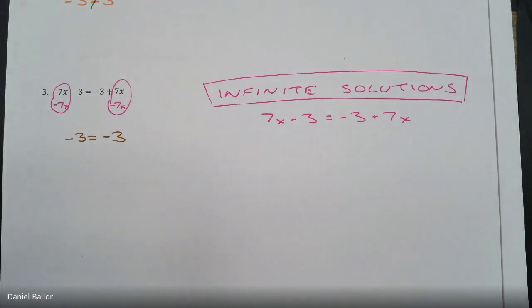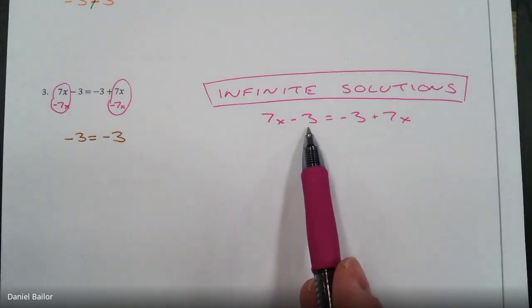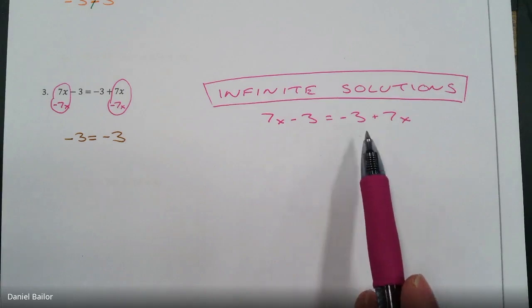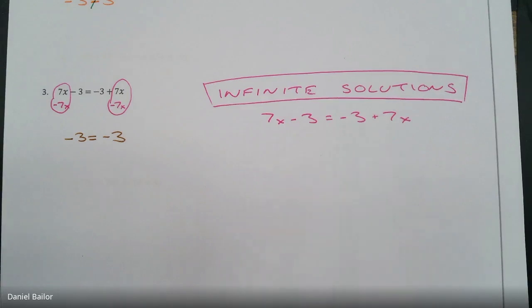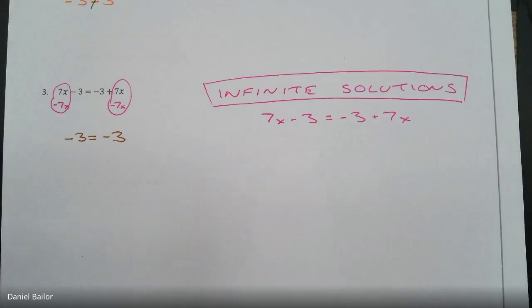All they did is they changed the order. This one, they did -3 at the end. This one, they did -3 at the beginning. All they did is they used the commutative property to put them in a different order. So both sides of the equation are actually the same. They just look different.